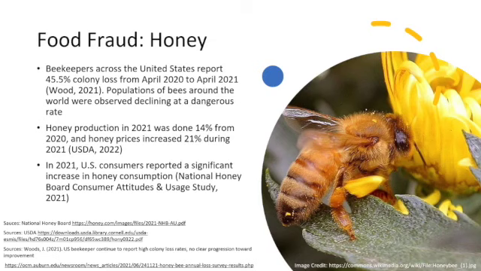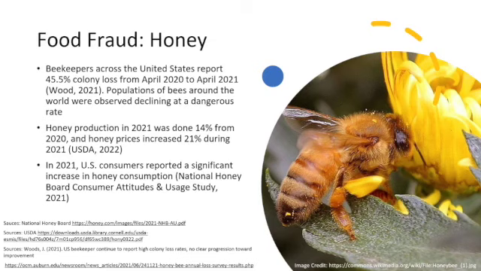Beekeepers across the United States report 45.5% colony loss from April 2020 to April 2021. Populations of bees around the world were observed declining at a very dangerous rate. Honey production in 2021 was down 14% from 2020, and honey prices increased 21% during 2021.